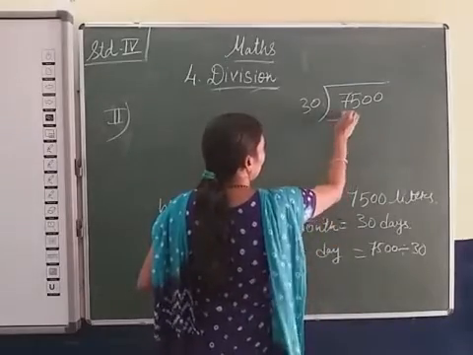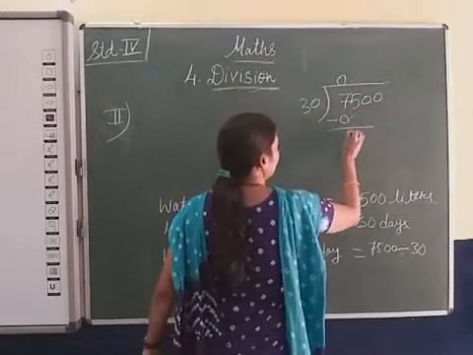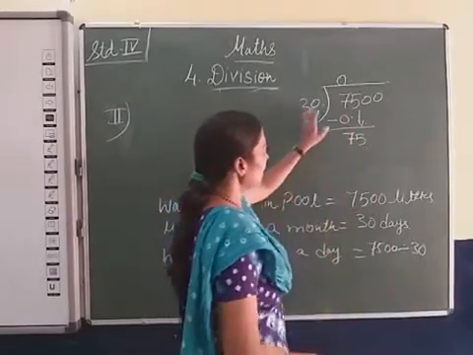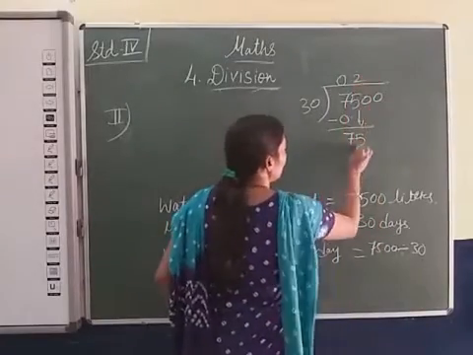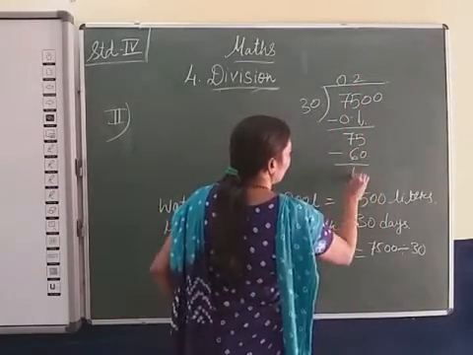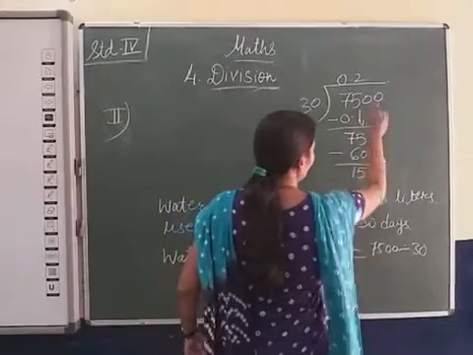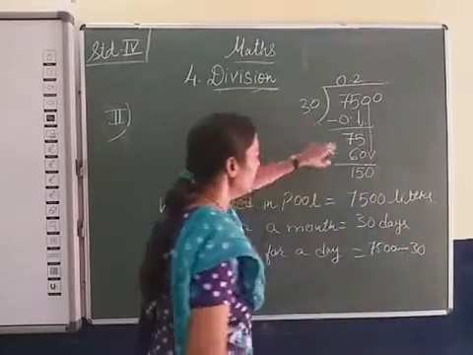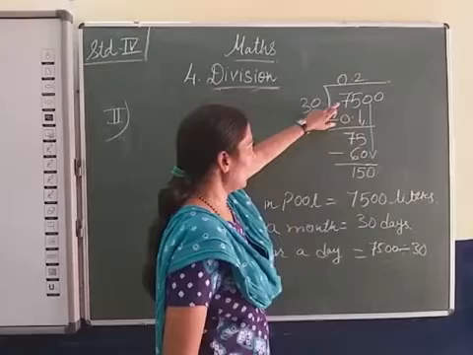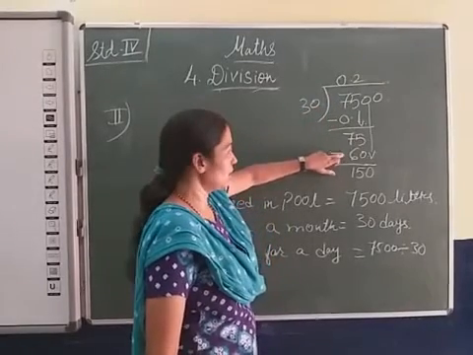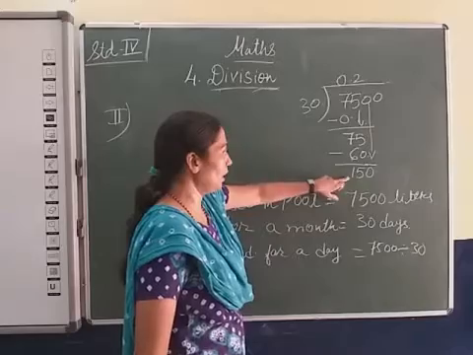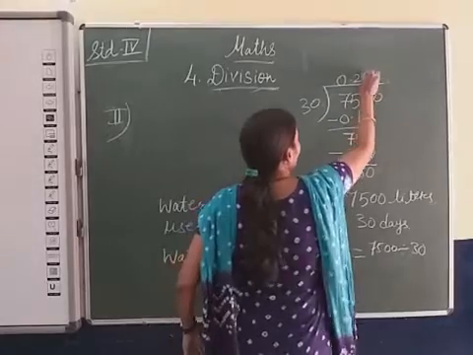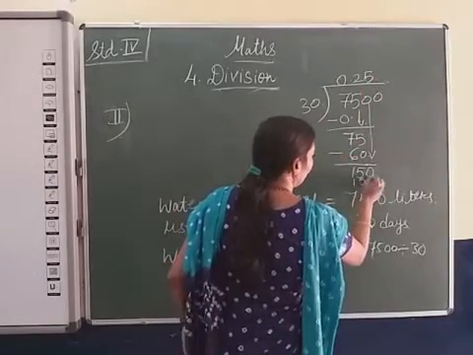Here 7, so we put 0 here, we get 5 this side, 75, and 30, 2s are 60. 75 minus 60, 15 is left. We take 0 down, 150. Now 30, 5s are 150.